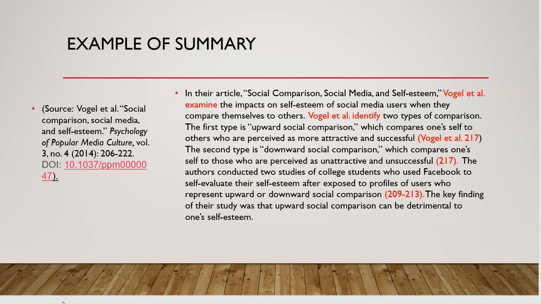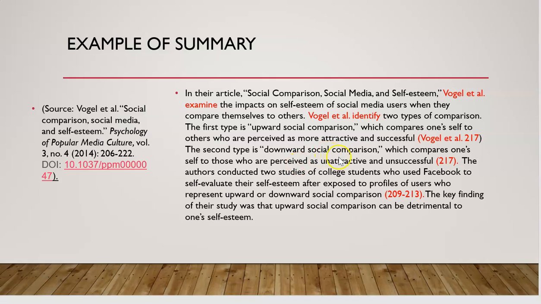Okay, so here's an example of a summary that I did for the article that I read. In their article, Social Comparison, Social Media, and Self-Esteem, Vogel et al. examined the impacts on self-esteem of social media users when they compare themselves to others. Vogel et al. identified two types of comparison. The first type is upward social comparison, which compares oneself to others who are perceived as more attractive and successful.